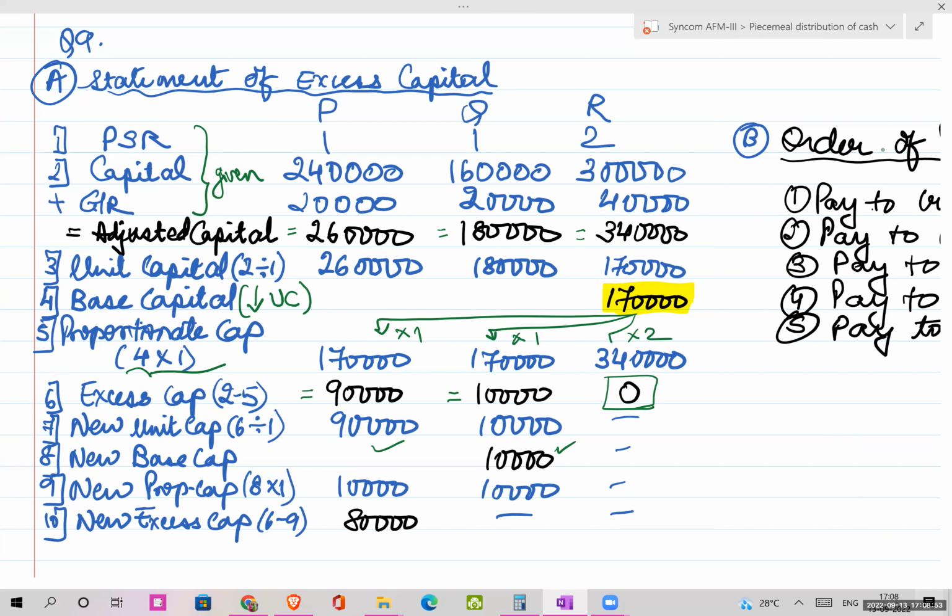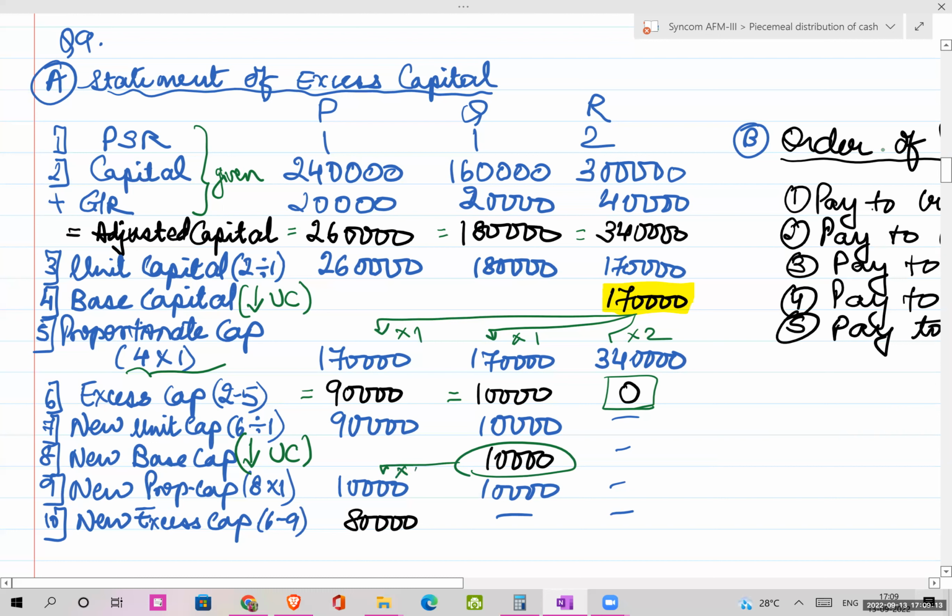Then base capital is the lowest of unit capital. तो 90,000 और 10,000 में से सबसे छोटा अमाउंट क्या है? 10,000. ठीक है, then proportionate capital, 10,000 into 1, then 10,000 into 1. Base capital multiplied with PSR will give you proportionate capital.